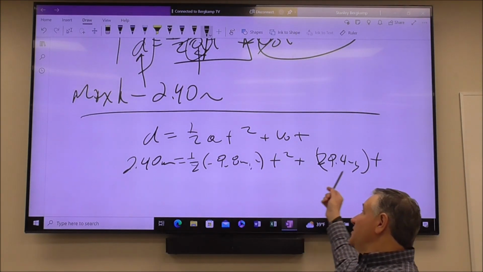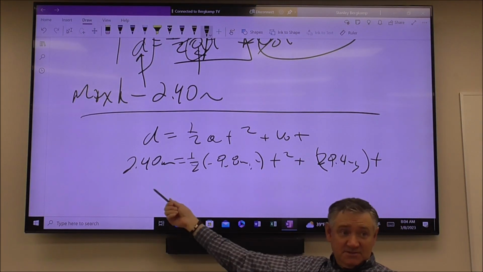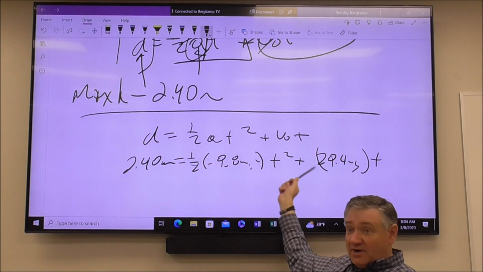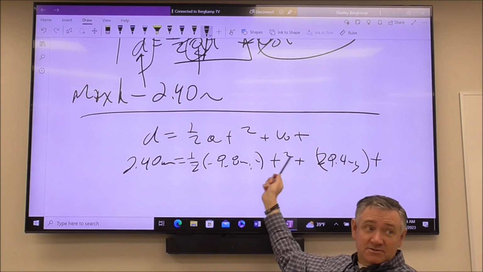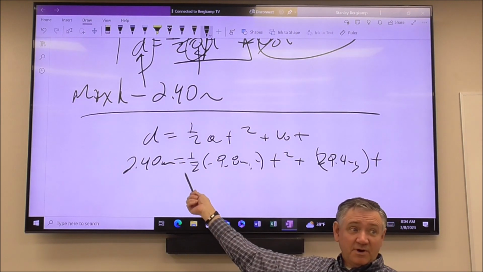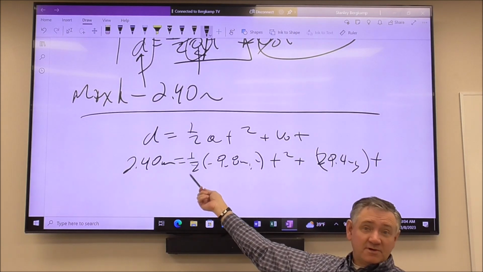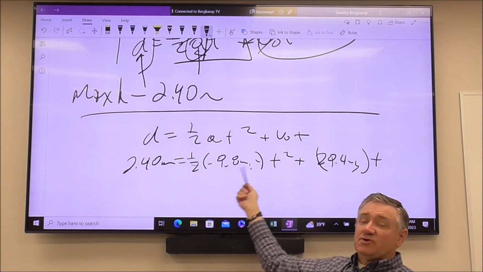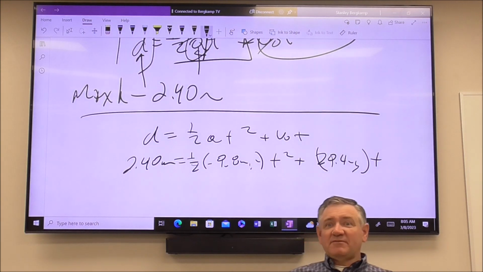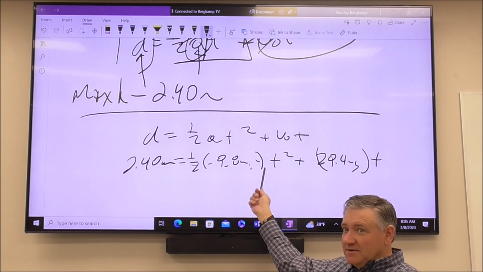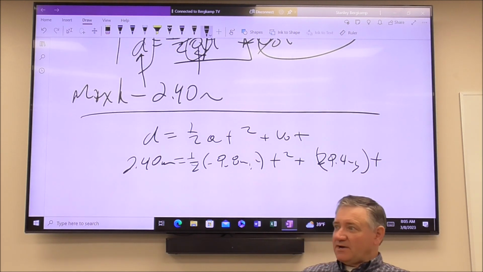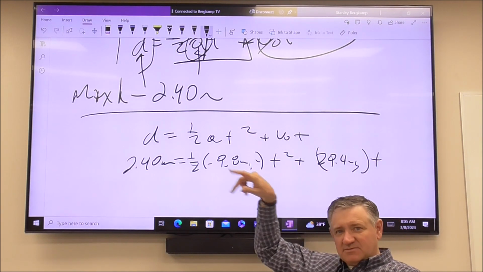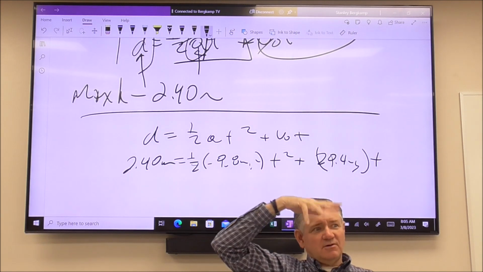Because you're trying to find the time from a function equation, you could just start with this function equation, plug in 2.4 meters, and do this in one step, but you have to solve this as a quadratic. So you'd have to get all your numbers on one side, and then use the quadratic formula of negative b plus or minus the square root of b squared minus 4ac all over 2a.